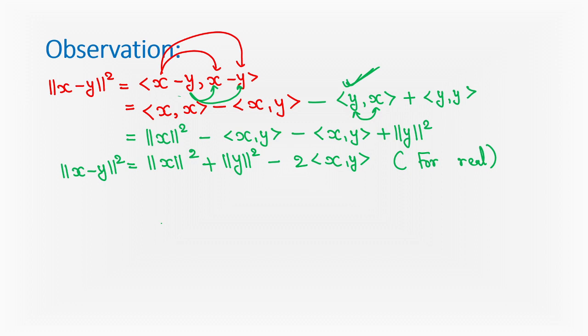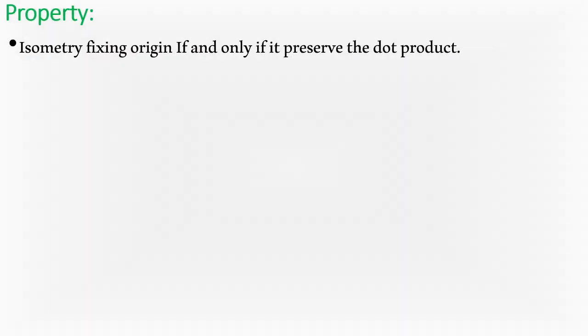So with this observation, with this result in mind, let me start working on the proof of this: my isometry fixing origin, if and only if it preserves the dot product. So first of all, let me write what I have observed.